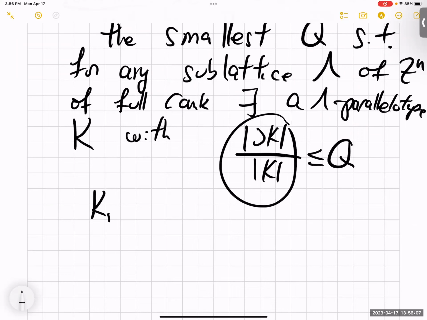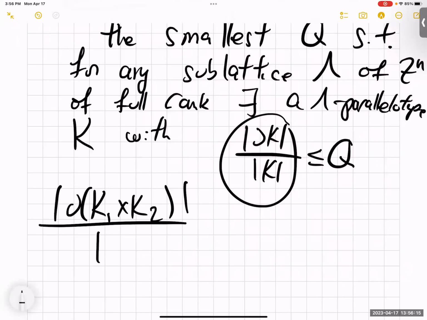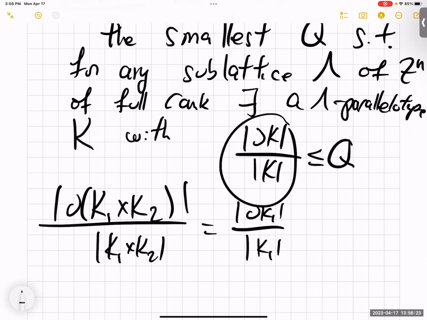This is just a little exercise: if you take K1 times K2 in two orthogonal subspaces, the surface area divided by the volume of K1 times K2 just equals the corresponding combination. So this will help us with the induction. This is the right quantity to look at. It is somehow not scale invariant anymore, and that's inherent to the proof.